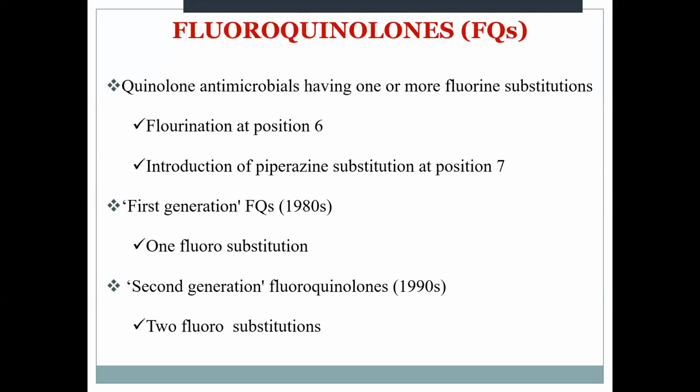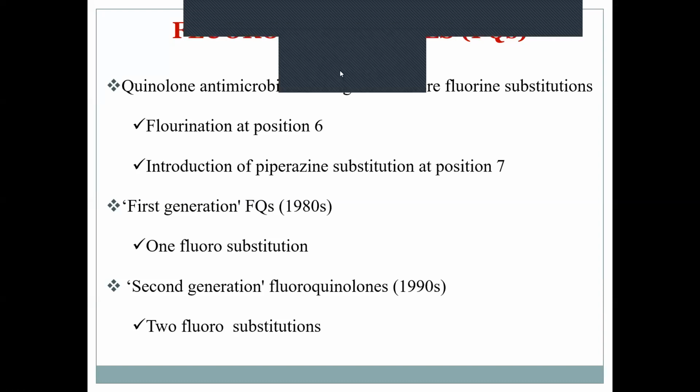Now here, first generation fluoroquinolones and second generation fluoroquinolones. In first generation, one fluorine group was added to the quinolone, and in second generation, two groups were added to the quinolone.